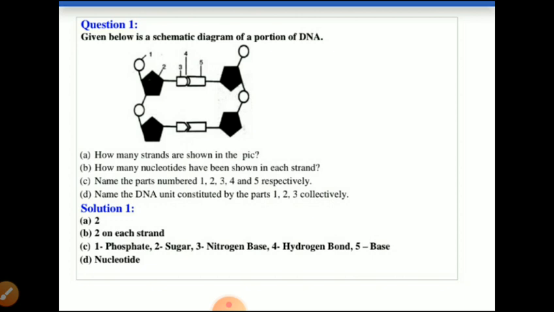2 on each strand. Question number C. Name the parts numbered 1, 2, 3, 4 and 5 respectively. 1 is phosphate, 2nd sugar, 3rd nitrogen base, 4th hydrogen bond, 5th base. And question number D. Name the DNA unit constituted by the parts 1, 2, 3 collectively, that is nucleotide.